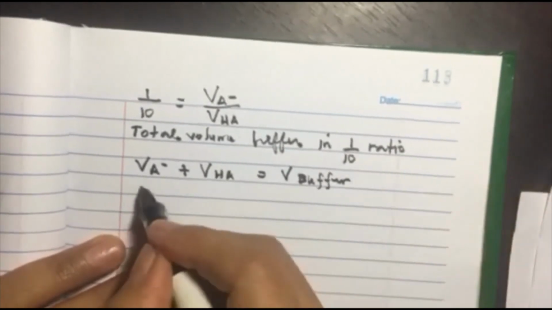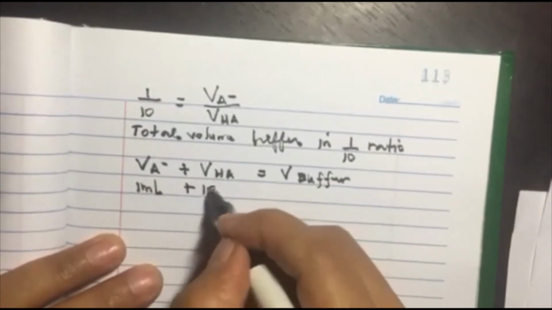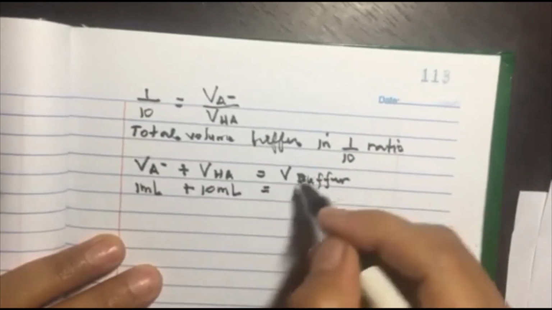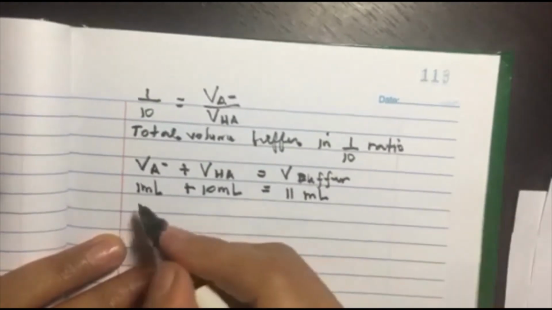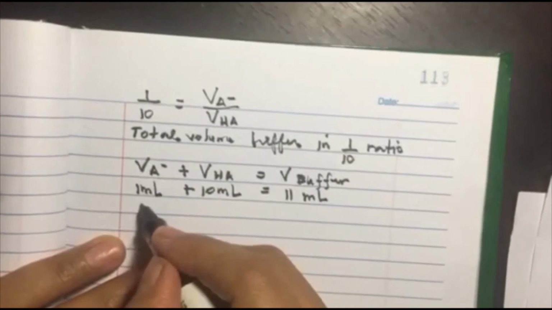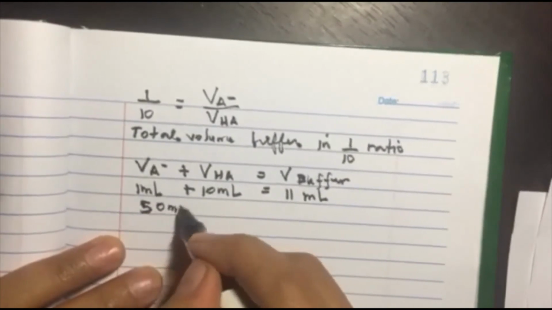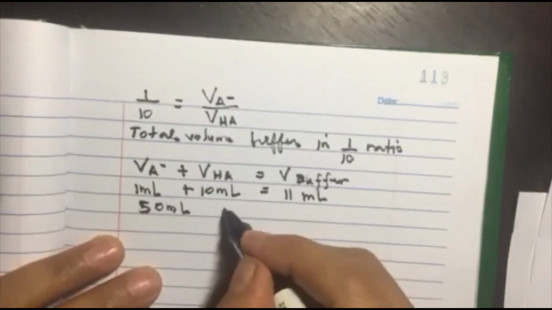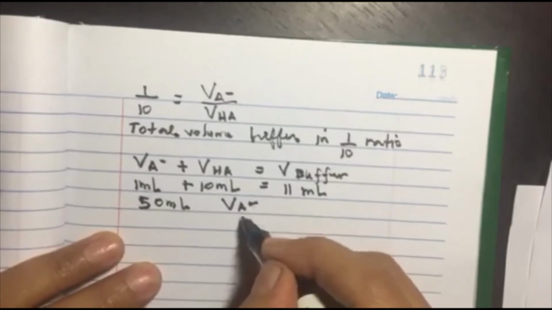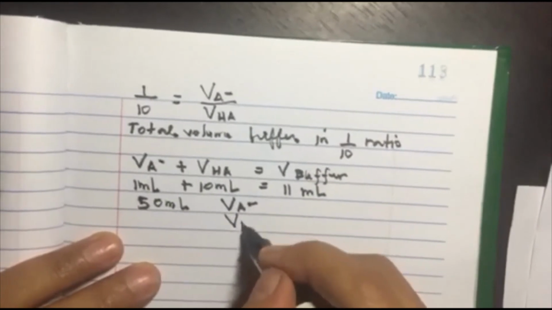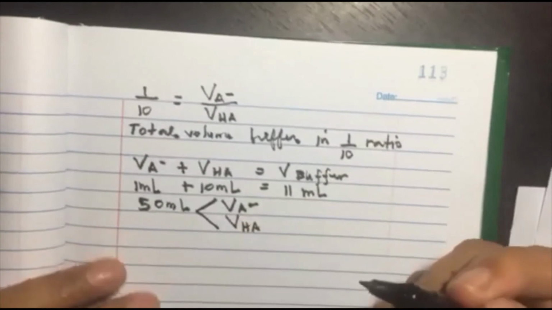Now substituting, we have 1 ml plus 10 ml, which gives us a total of 11 ml. And since our problem is to make a buffer which is 50 ml, we are going to calculate the volume of the conjugate base and the volume of the acid to form 50 ml of the buffer.